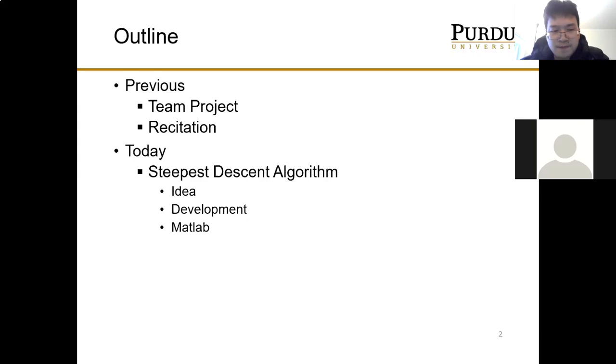So for today, we're gonna do just one thing, which is one algorithm called the steepest descent algorithm. I think from somewhere you may have heard about this term, right? Steepest descent. Actually, it's pretty efficient, and I would say it's a very widely used algorithm.